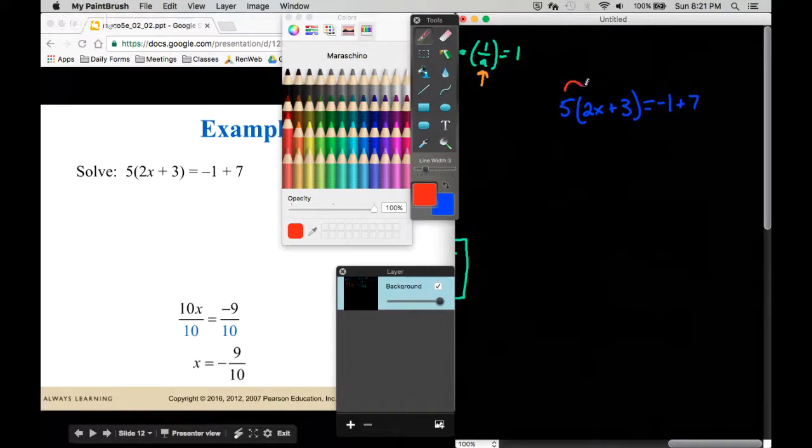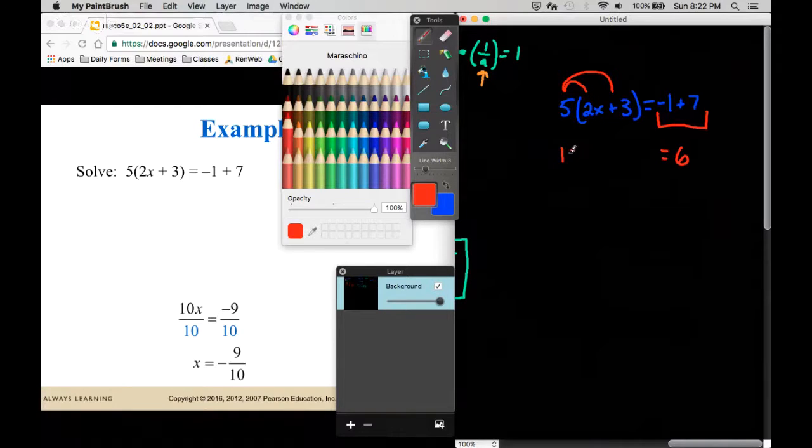So you're going to want to distribute on the left side of the equation, and you're going to want to combine terms over here. So negative 1 plus 7 is the same thing as saying 7 minus 1, which is 6. Combine your like terms, and then you distribute on the left, which would give you 10x plus 15.